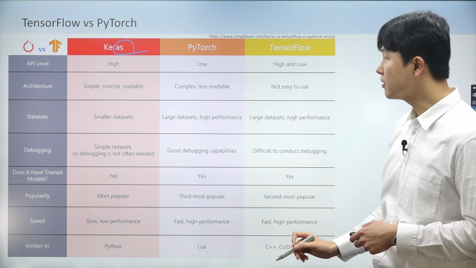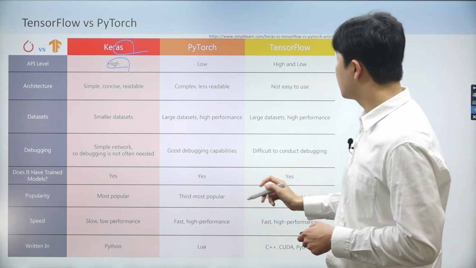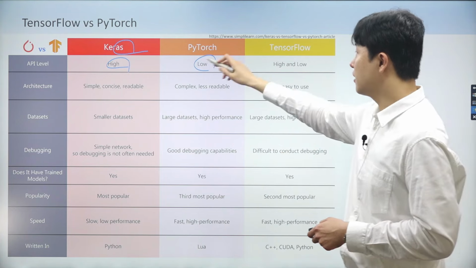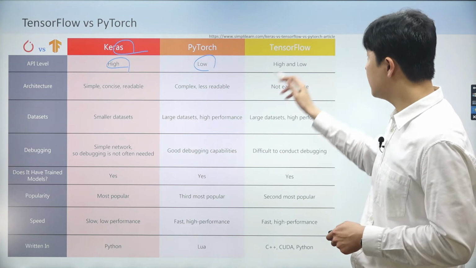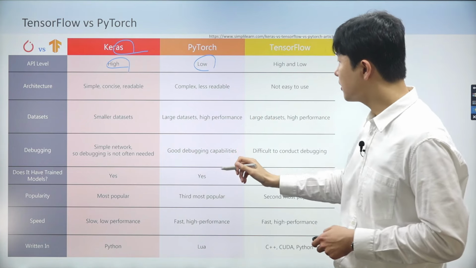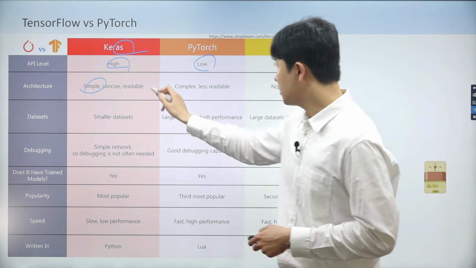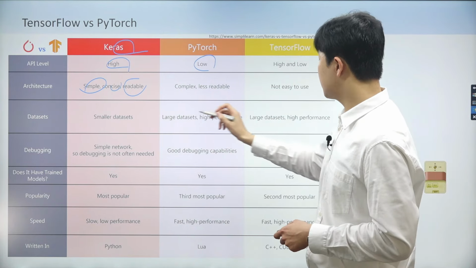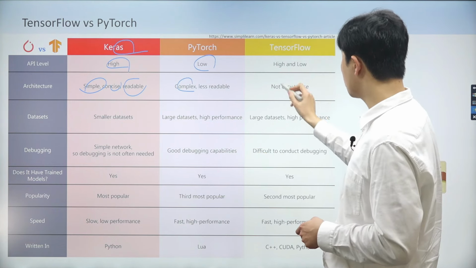So, to take a look at the libraries based on the API, Keras operates on a high layer, whereas PyTorch operates on a low layer while providing easy syntax from the improvements it has had over the years. In terms of architecture, Keras is the simplest, most concise, and readable, which means that it's basically the easiest one, whereas PyTorch is a little more complex and less readable than Keras.